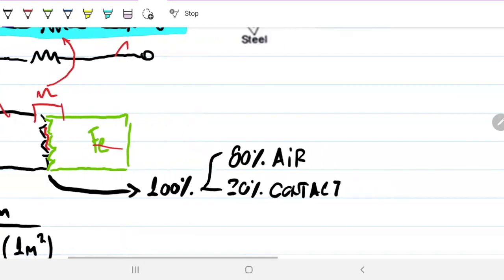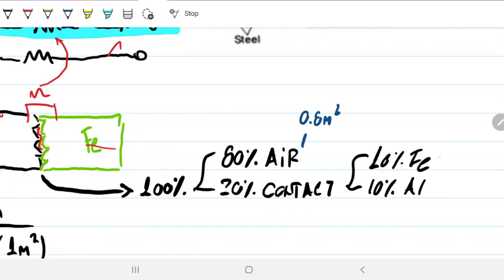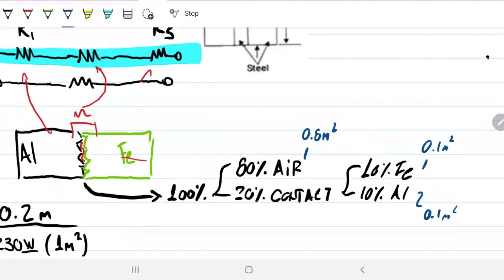Of this 20% that's in contact, half is steel and half is aluminum. So in other words, the air occupies 0.8 meters squared of that 1 meter squared. The steel occupies 0.1 meters squared, and the aluminum occupies 0.1 meters squared.